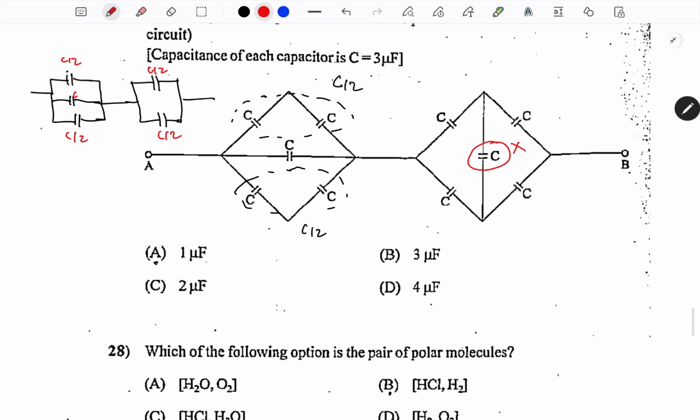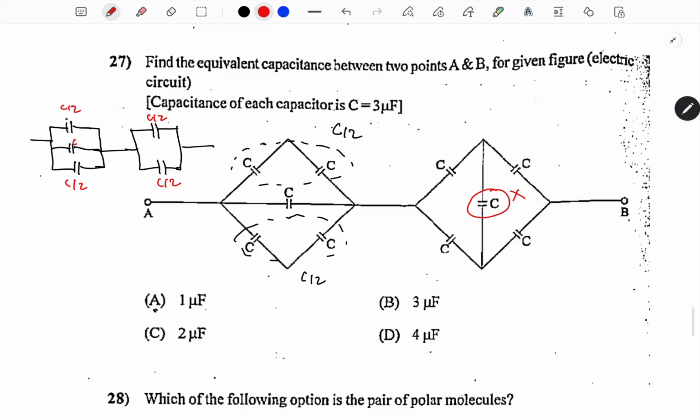So this is equivalent to 2C and this is equivalent to C, and these capacitances are in series. For series equivalent capacitance we can write 2C into C divided by 2C plus C. So the answer will be 2C by 3, and C is 3, so 2 into 3 by 3. The answer will be 2 microfarad, option C.